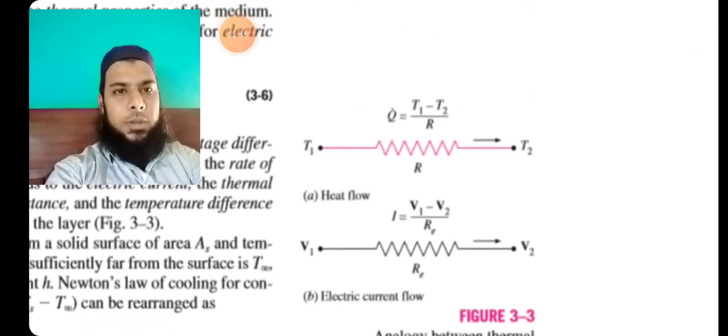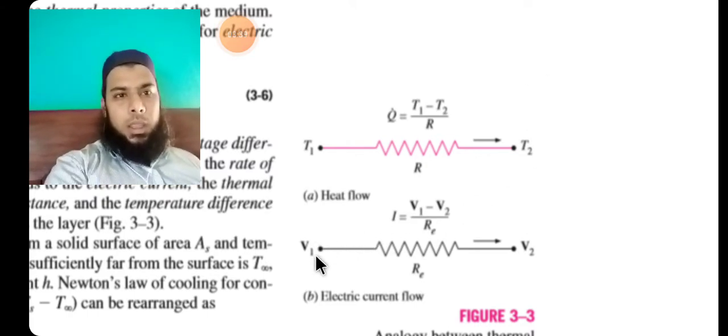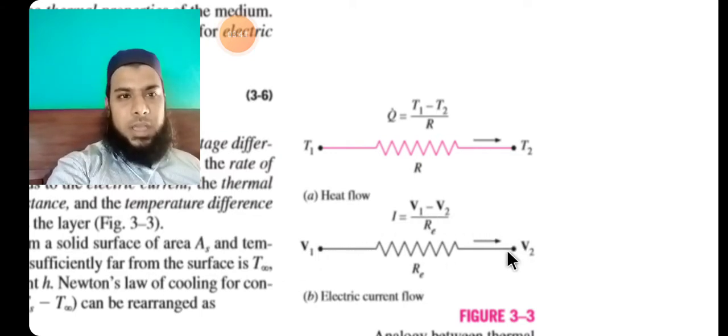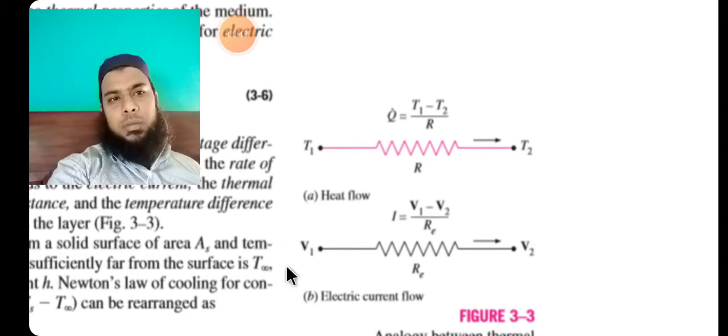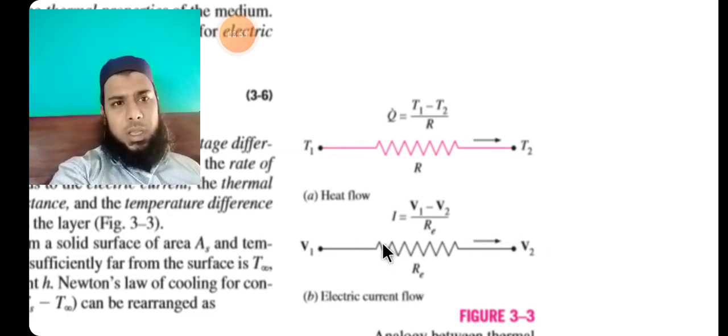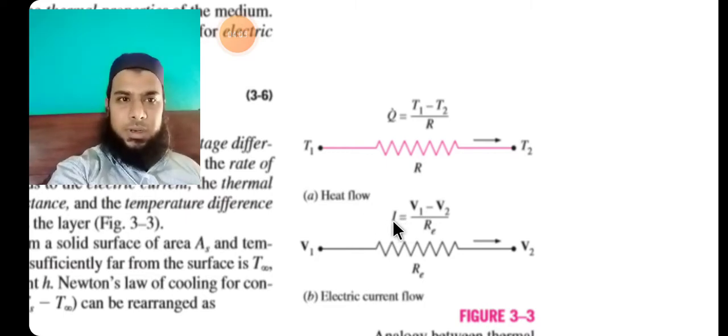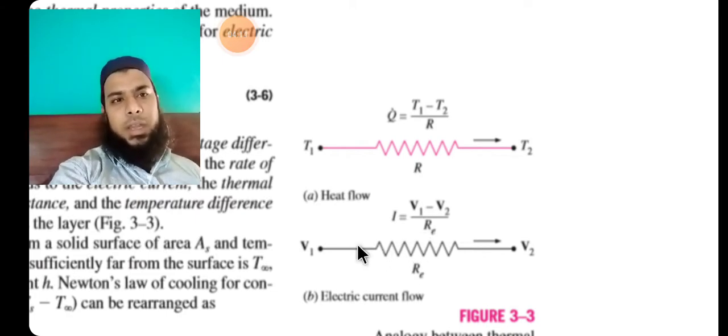As you can see from this picture, we have two different voltages, and due to the voltage difference the current flows. The greater the voltage difference, the greater the current flow. So the current corresponds to the heat transfer, the voltage difference corresponds to the temperature difference, and the resistance of the material corresponds to the electrical resistance.